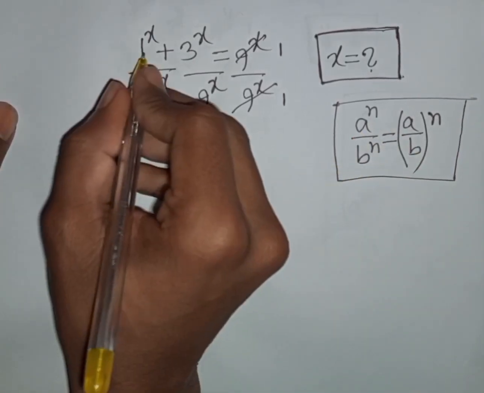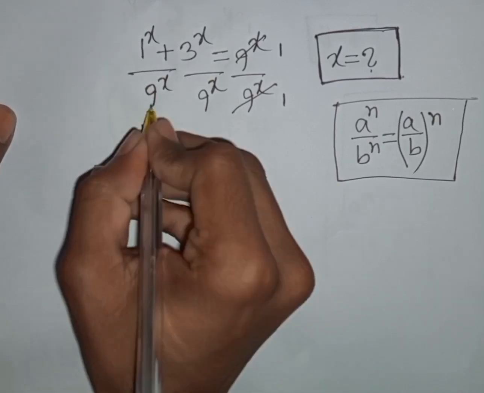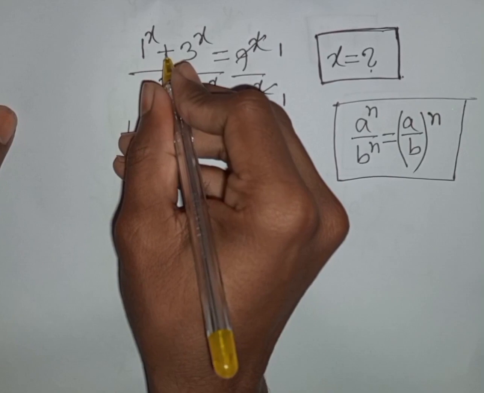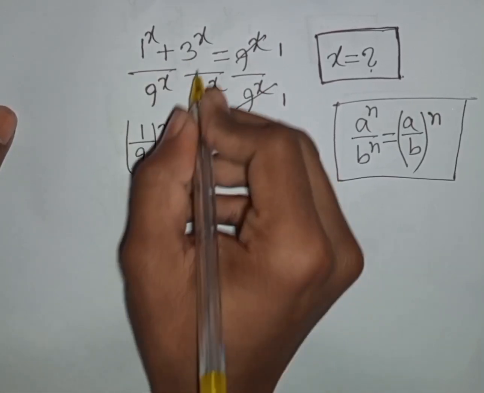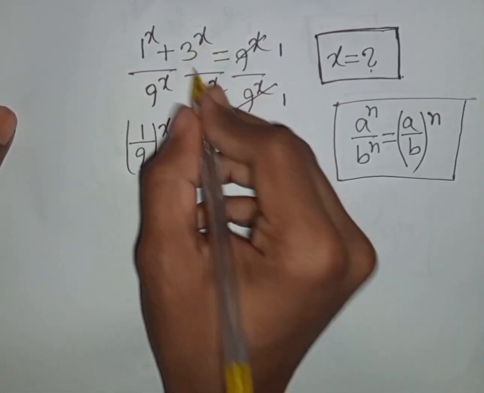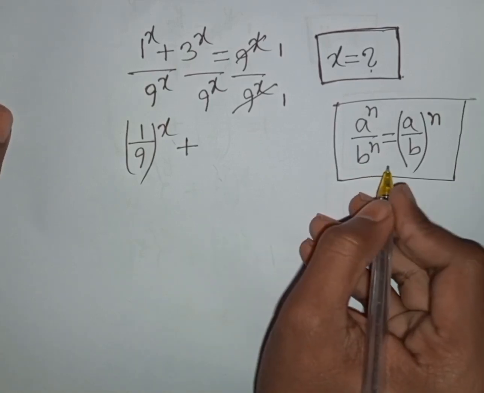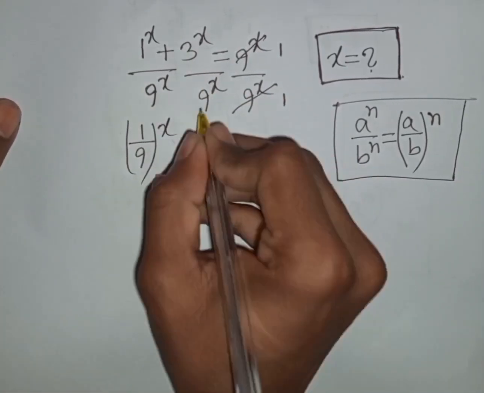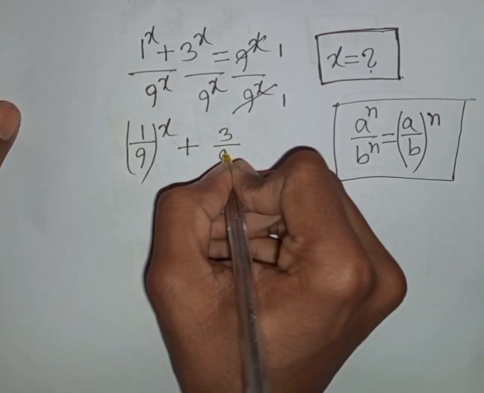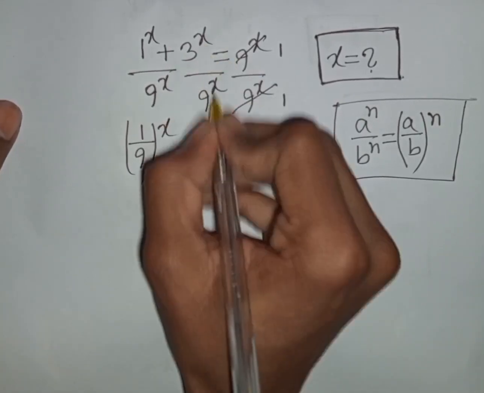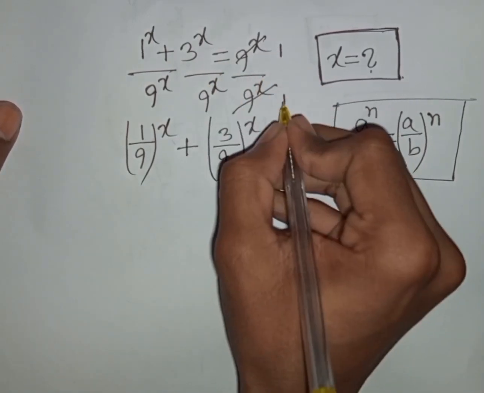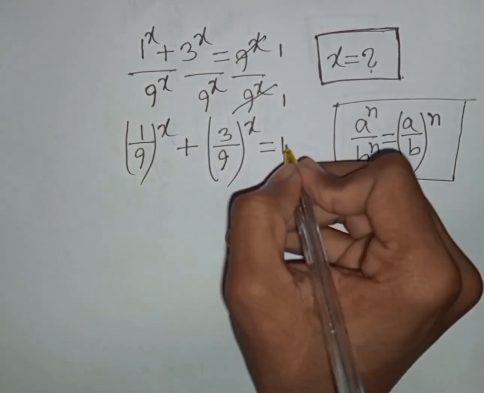So we can write here (1/9)^x plus, again x is the same power but different base, so according to this exponential rule we can write (3/9)^x is equal to 1 divided by 1, that means it will be 1.